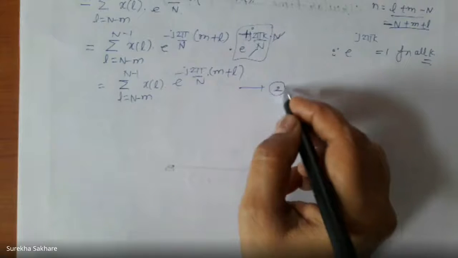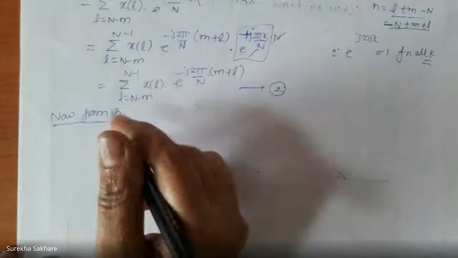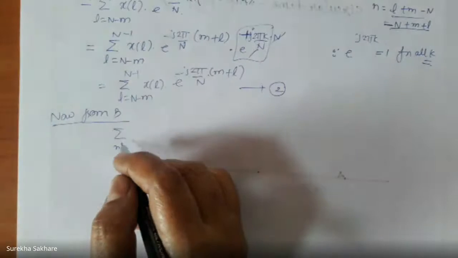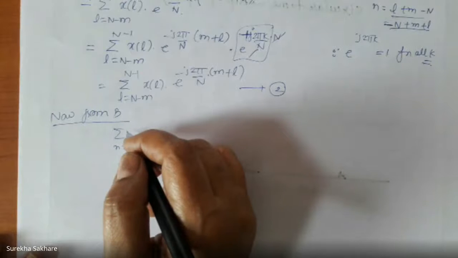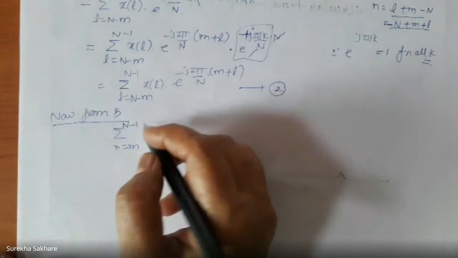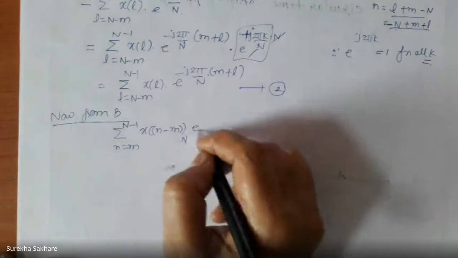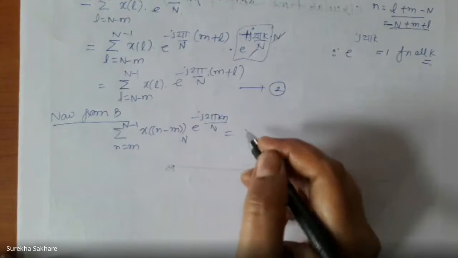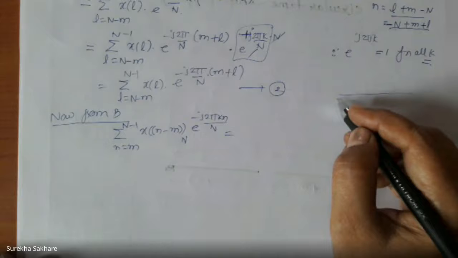Now from B, we have the summation over n equal to m to N minus 1 of x of circular N minus m, which we had taken as the second split, times 1 by N. Now here what I will do is put new values.